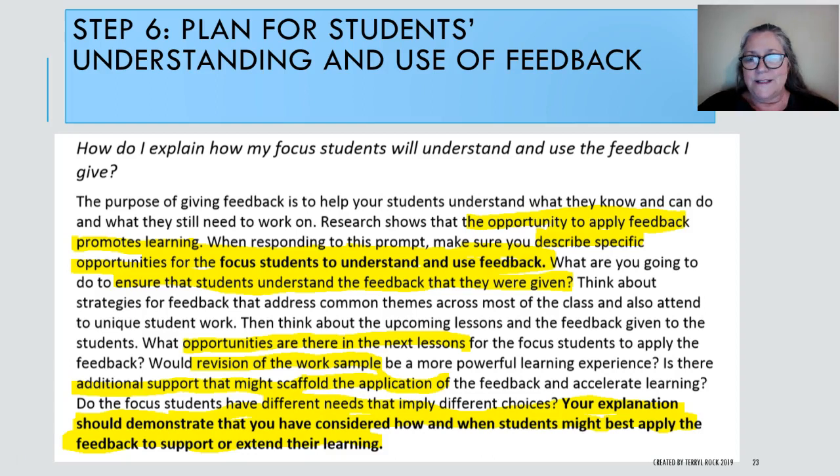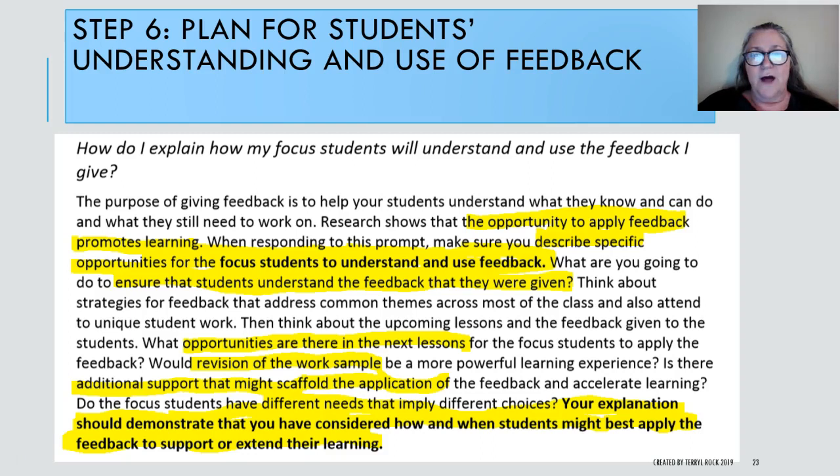Here is what it says in Making Good Choices. How do I explain how my focus students will understand and use feedback I give? So the whole purpose of giving feedback is to help them understand what they know and what they still need to know. But oftentimes you may find that students don't really read your feedback, or they don't understand what the feedback means.